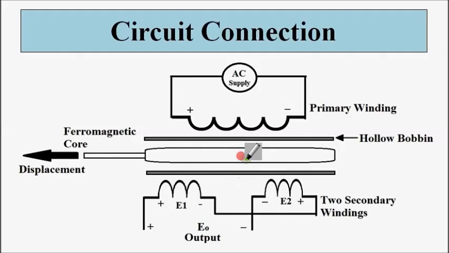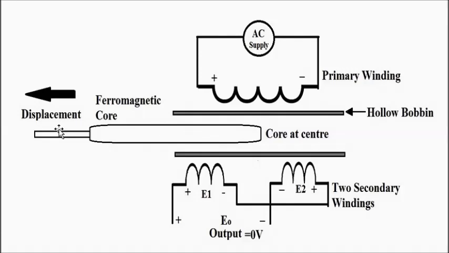Now when the ferromagnetic core moves away from the center position, either to this extreme point or to this extreme point, then the flux linkage with one of the secondary windings increases, and as a result we get a finite differential output because one of the secondary output voltages will be more as compared to the other.